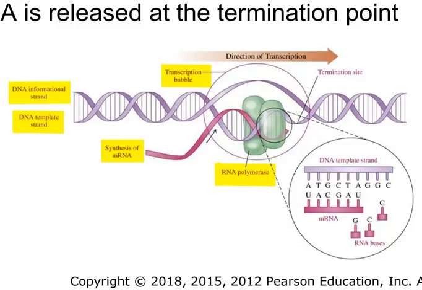So this bottom strand here, 3' side on the left. It's 5'. I traced. That's the correct one, okay? And then there's the informational non-template strand that is not used.